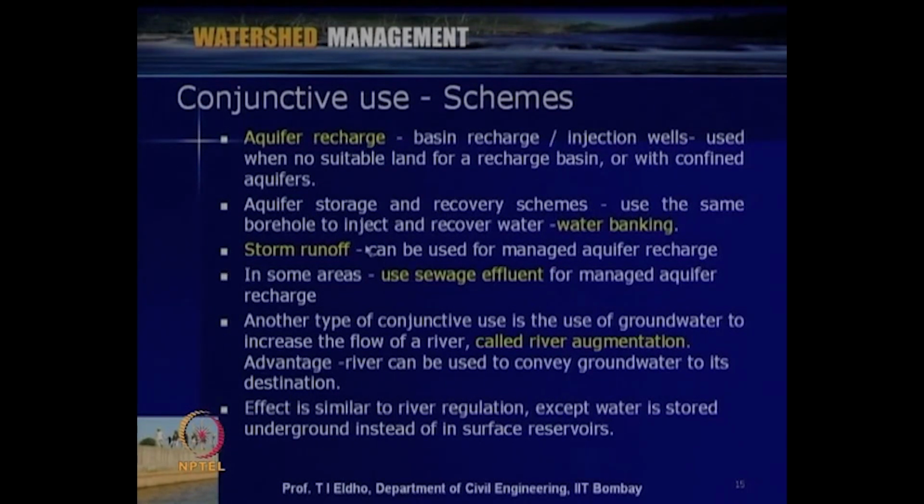Can we use the same boreholes to inject and recover water? Just like we use the term water banking. Through the same well, when surplus water is available, we inject it into the aquifer system, and then when scarcity is there during the summer season, we can pump the water back from that aquifer system through the same borehole. That is the so-called water banking.